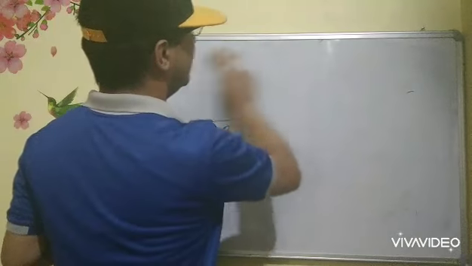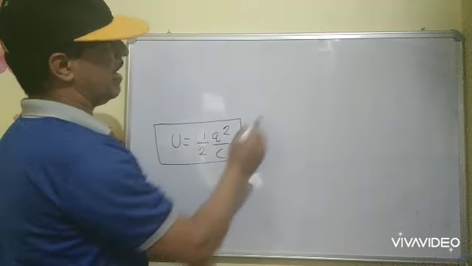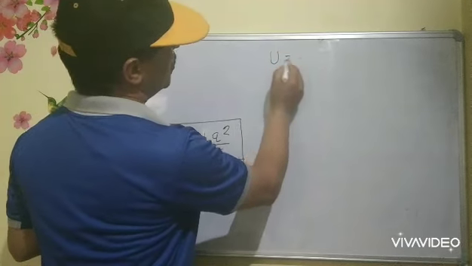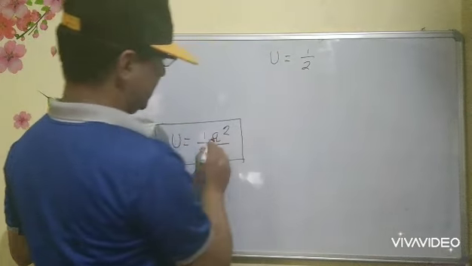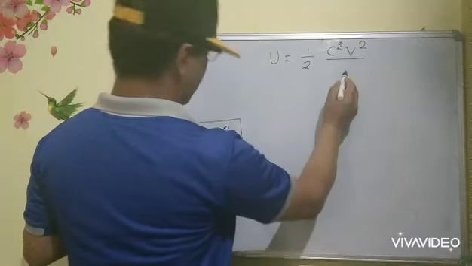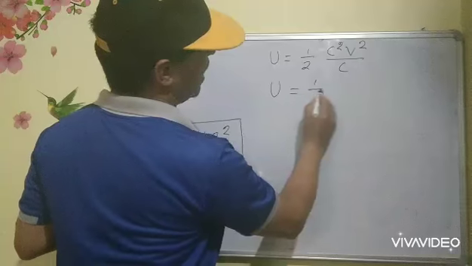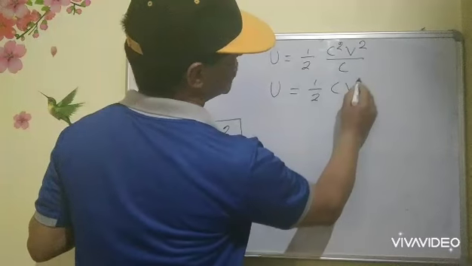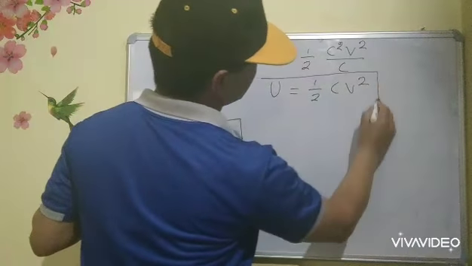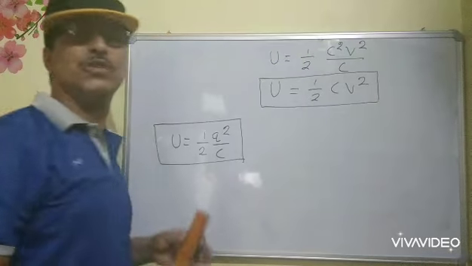Now again, if I write Q equal to C into V in this equation, then I get U equal to half C square V square divided by C, which gives us U equal to half CV square. This is another expression for the potential energy stored by the capacitor.